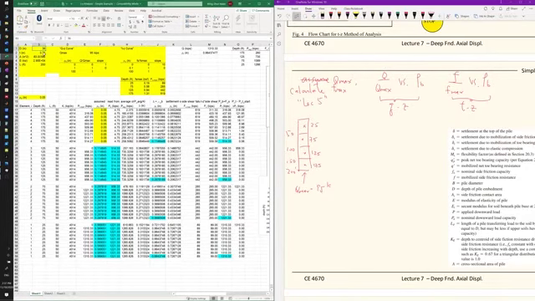The thickness of the pile is 0.75. This is the calculated area. This is a hollow steel pipe, so we know the thickness here, which is 0.75, and also the diameter of the pile. That's why we need to calculate the area. I'll let you think of the math, just the geometry.